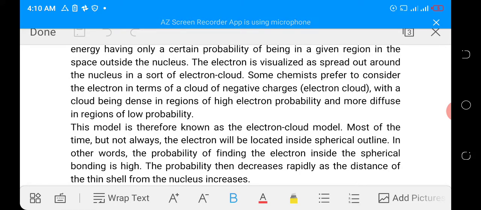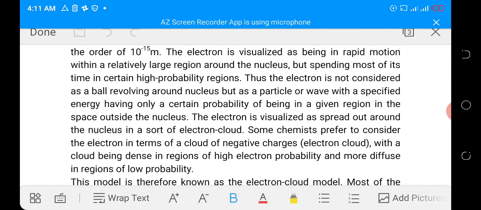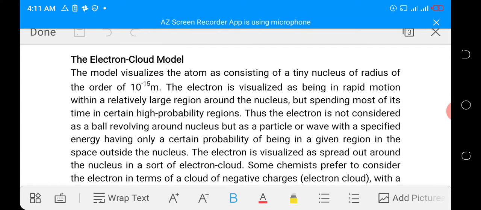Most of the time, but not always, the electron will be located inside the spherical outline. In other words, the probability of finding an electron inside the spherical boundary is high. The probability then decreases rapidly as the distance of the thin shell from the nucleus increases. This is what electron cloud is all about.